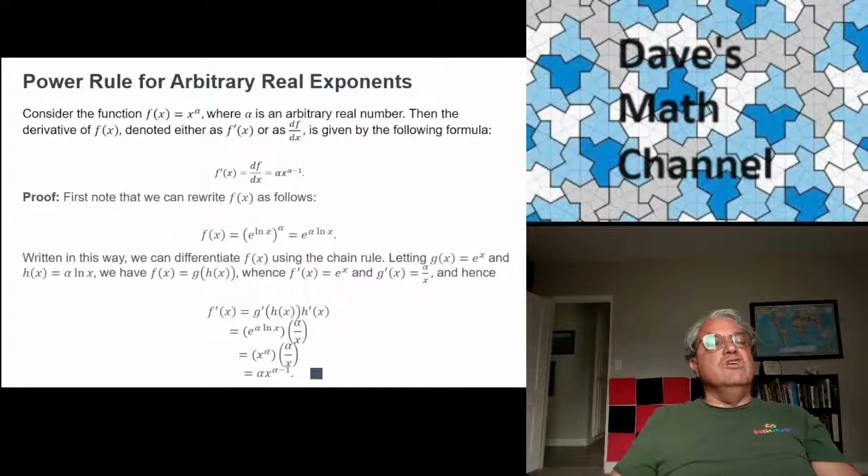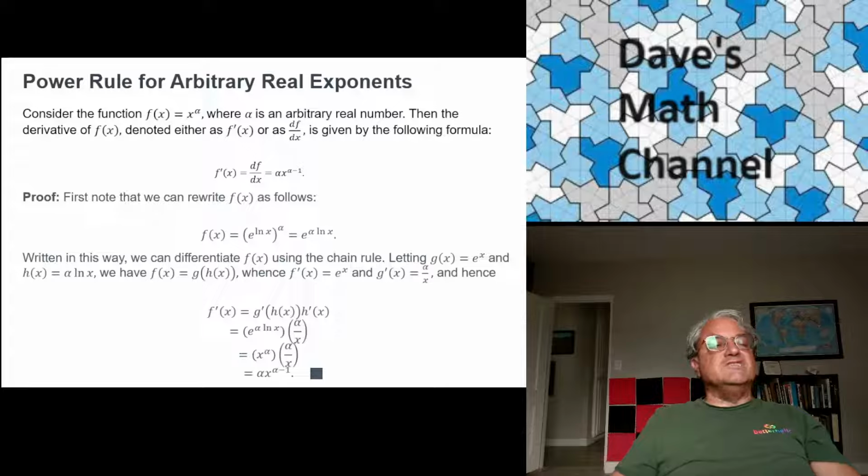We can do that by first writing x as e to the log x, because we know that's an identity. x is equal to e to the log x, whatever x is. And we can now raise that whole thing to the power alpha. And that's going to be f of x, and we can rewrite this thing as e to the alpha log x. So that's just another way of writing f of x.